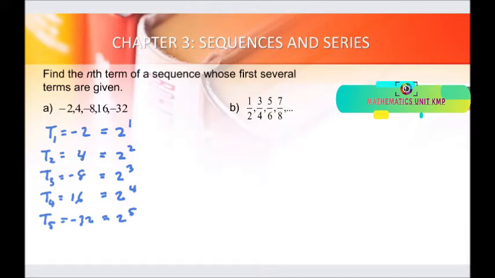To get positive 4, negative 1 to the power of 2. Okay, so we know the pattern, and the answer will be negative 1 to the n multiply with 2 to the power of n. And we can write it as negative 2 to the power of n.